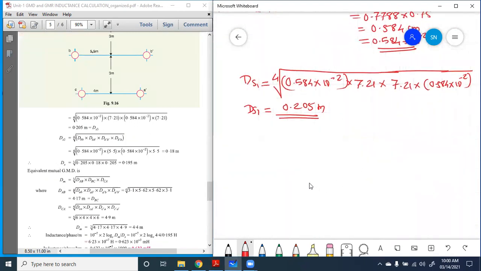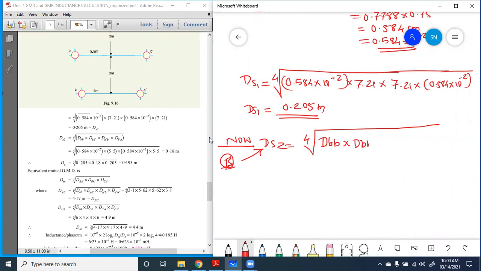Now similarly Ds2, which is related with phase B. What is the combination? The fourth root of Dbb into Dbb' into Db'b into Db'b', where Dbb and Db'b' are the GMR of the conductor. Now put the values.